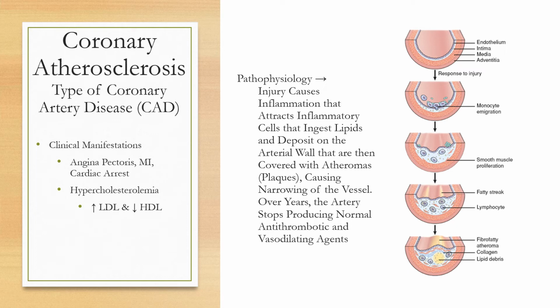It sees it as foreign, and you have suddenly coronary artery occlusion, and that's what leads to unstable angina, an NSTEMI or a STEMI, or if it's complete occlusion and the heart just stops beating, well, cardiac arrest. And cardiac arrest means no pumping of the heart. Okay.